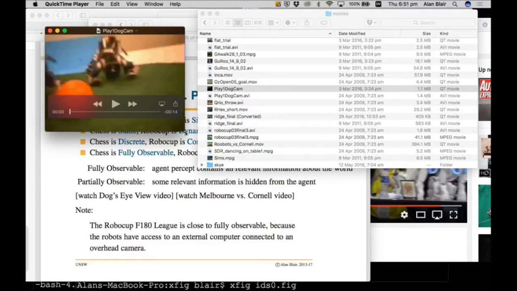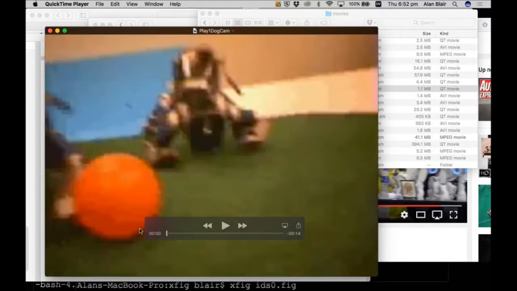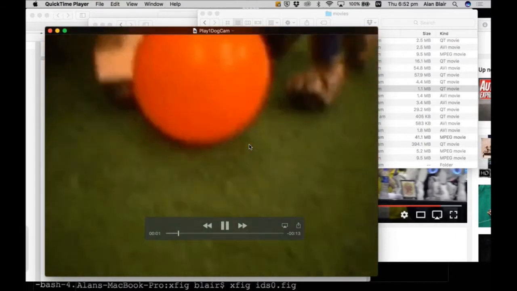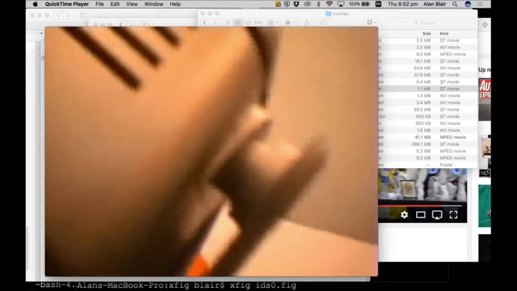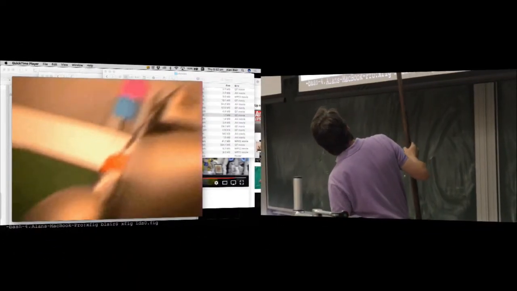This is what the dog actually sees while it's playing. It's always interesting to see the agent's point of view. You see, this is actually one of the rare frames where we manage to see a beacon and the ball in the same frame.